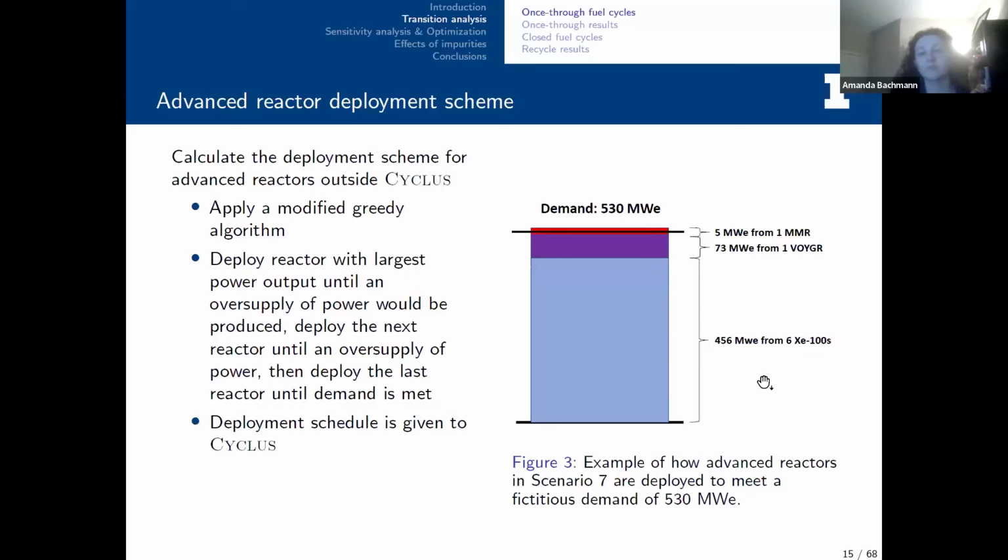The idea behind this being we want to minimize the number of reactors that are being deployed while also minimizing our oversupply of energy. So I calculated these deployment schedules in a Python script, and then I provided that to Cyclist, and then Cyclist ran with it from there.